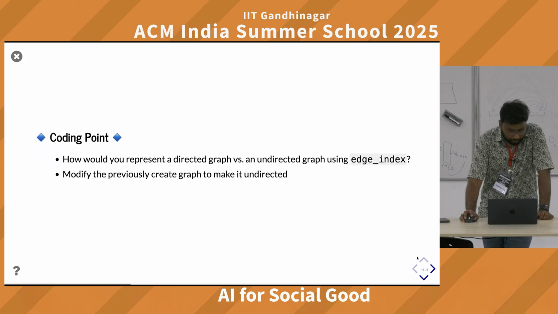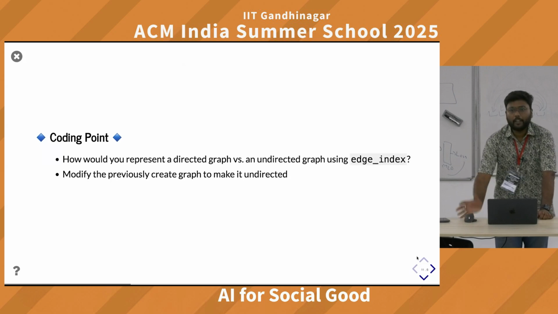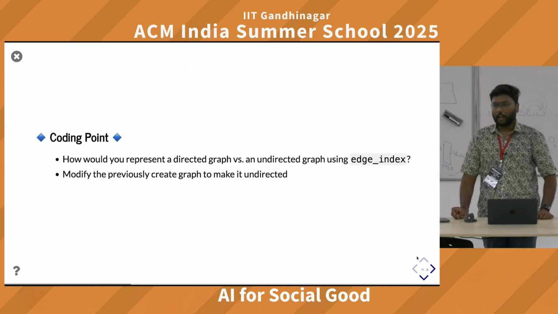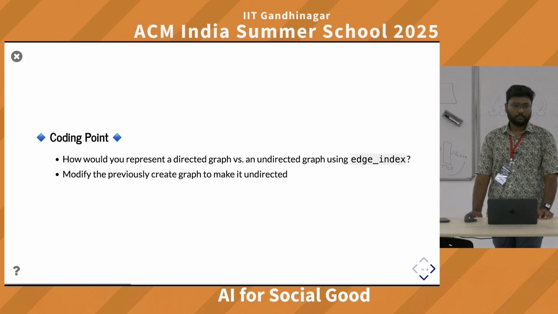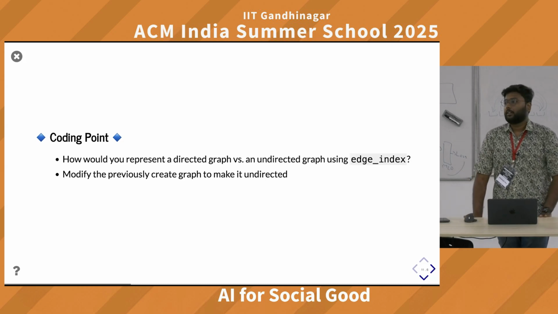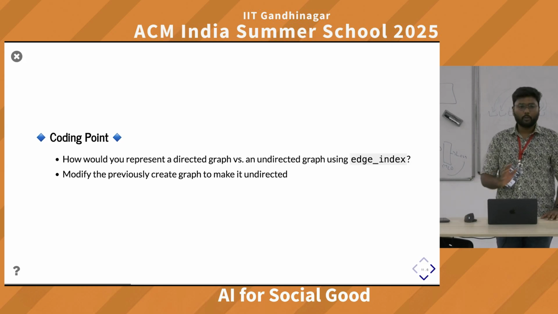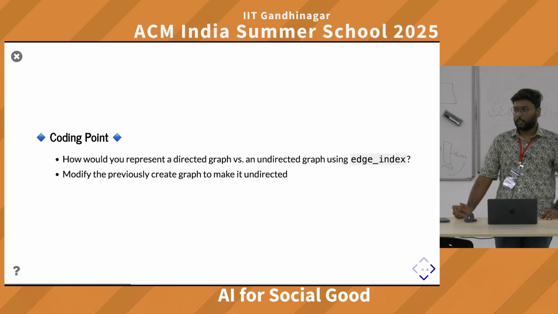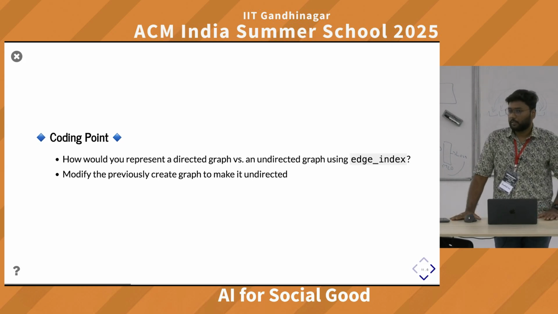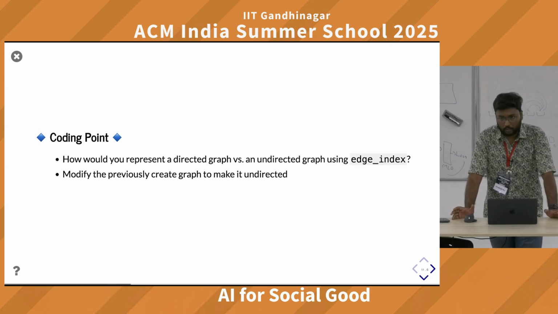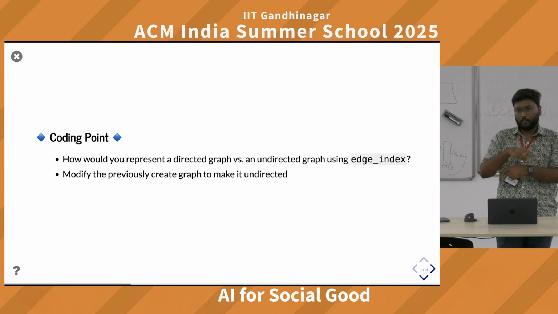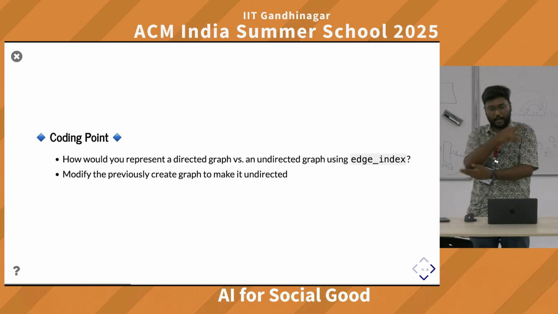So, how do you modify the previously created graph to make it undirected? That is also a coding point. What do you suggest to do? Just check whether the reverse one exists or not. If not, just add it.